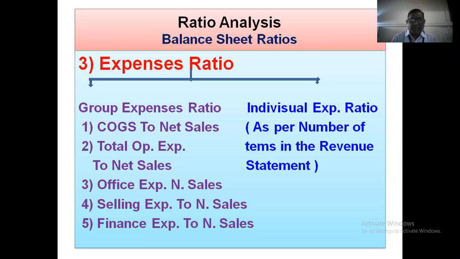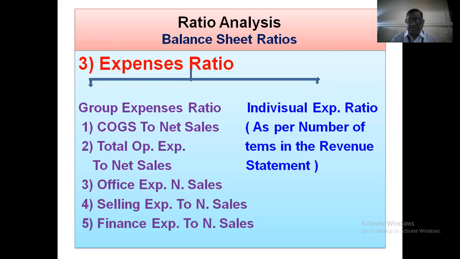Under the head of expenses ratios, we discussed in detail five group expenses ratios, which are known as cost of goods sold to net sales, total operating expenses to net sales, office expenses to net sales, selling and distribution expenses to net sales, and finance expenses to net sales.